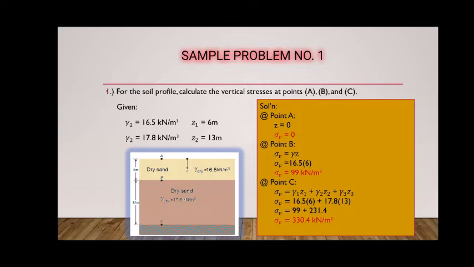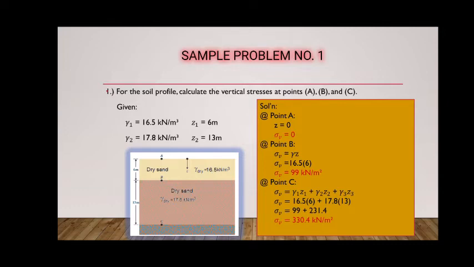At point B, vertical stress is equal to delta times C, which equals 16.5 times 6, so we have the result of 99 kilonewton per meter squared.